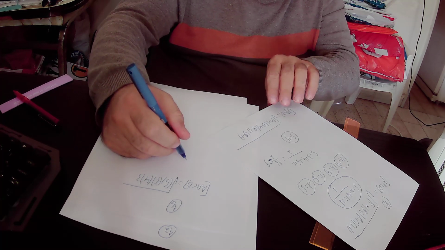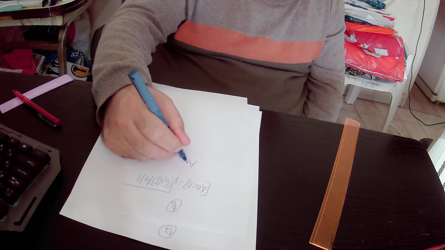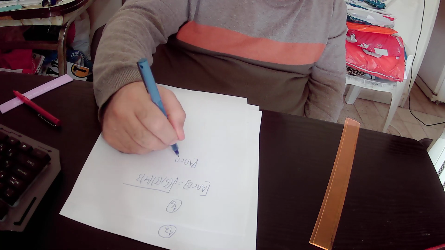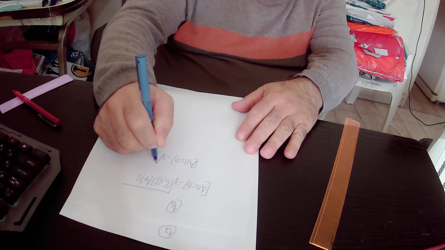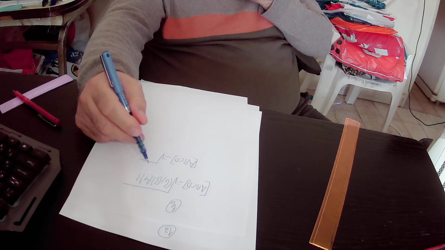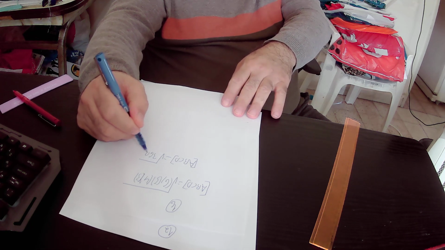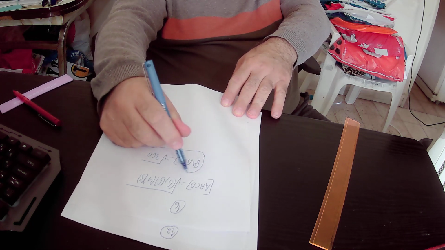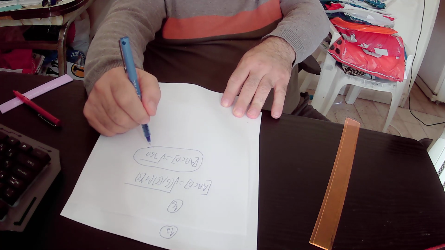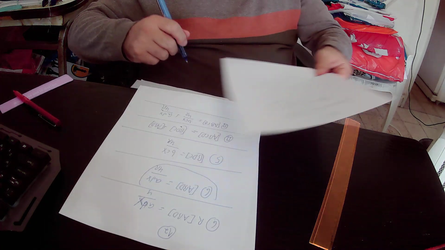So the area of quadrilateral ABCD, according to this equality, equals the root of 6 times 5 is 30, 30 times 4 is 120, and 120 times 3 is 360. So we found that the area of quadrilateral ABCD equals the root of 360 square units.